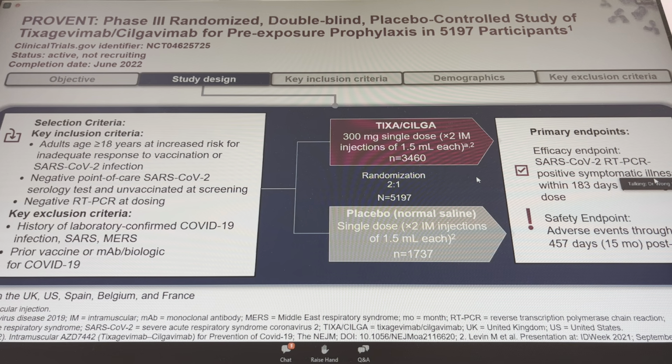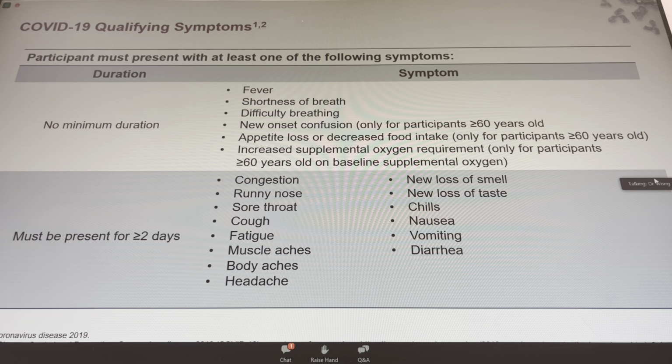It's randomized at 2-to-1, and the efficacy they have studied up to about 180 days, and they also looked at the safety up to 15 months. Next slide. In terms of if they get infection, what are the criteria for diagnosing a COVID-19 infection? This chart is, I think, familiar to all of you on the symptoms and things like that.